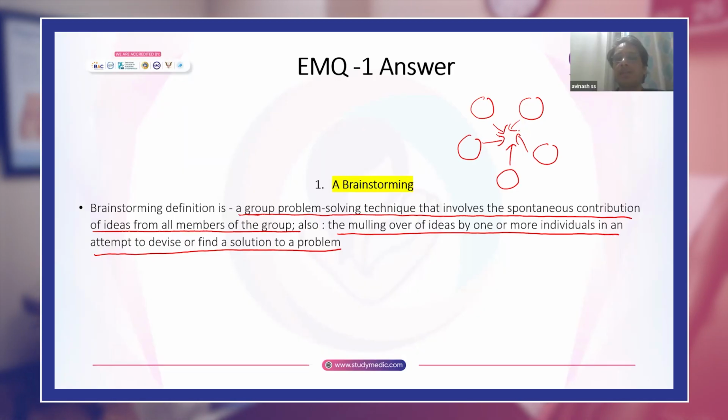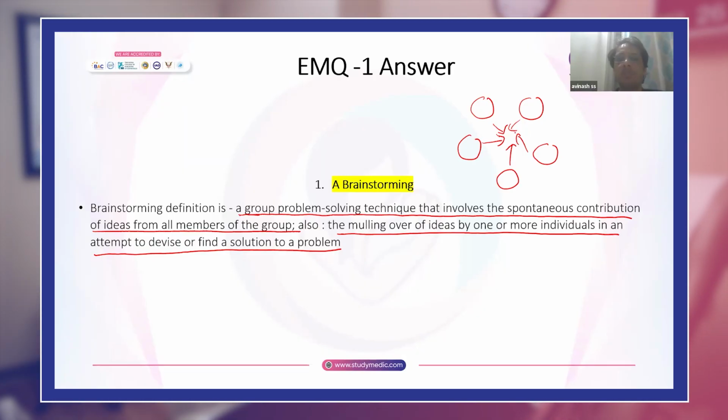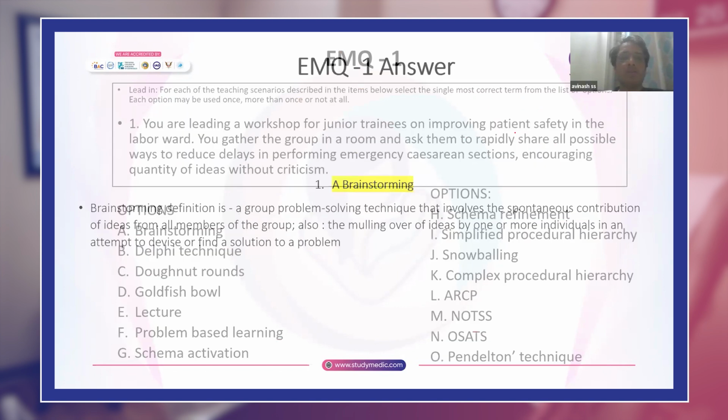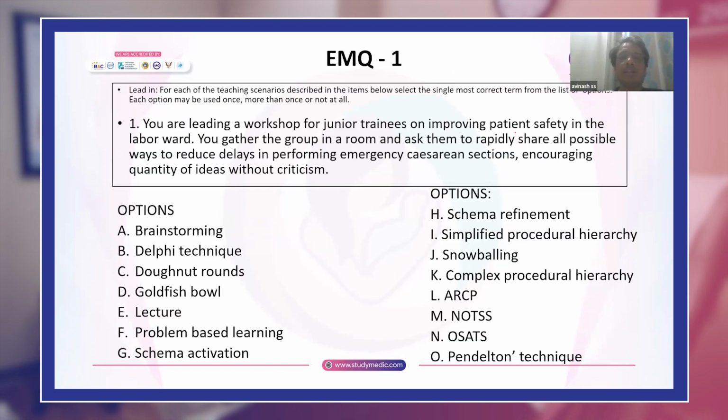Then we will see the advantages, disadvantages, and finally come to a conclusion. So this is called brainstorming. Okay, so this is the scenario. A leading workshop for junior trainees on improving patient safety. So they do the brainstorming, inviting ideas on how to improve the patient safety during emergency cesarean sections.